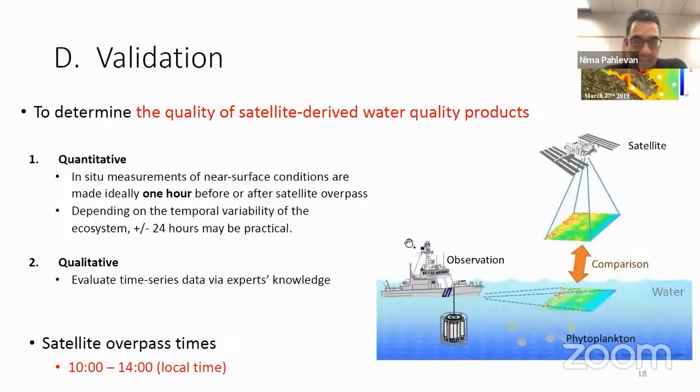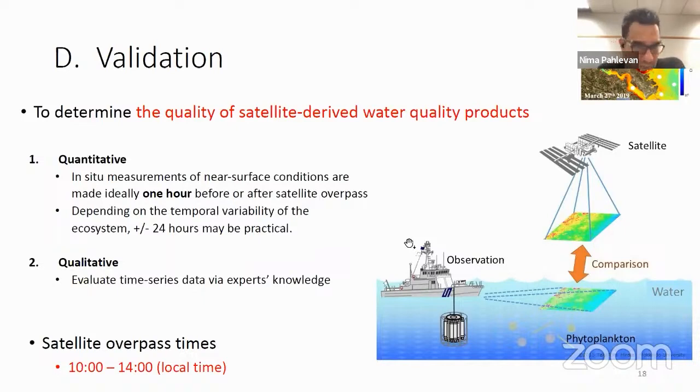So as I mentioned, validation is required because of various sources of uncertainties, mainly from atmospheric correction and some from retrieval algorithms. But really the goal is to determine the quality of satellite-derived products. This can be done quantitatively, and it's preferred. Essentially, you go out and take water quality measurements.